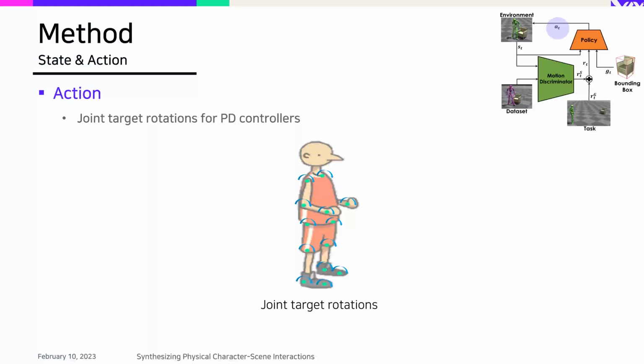Oh, can you tell me the last question again? I think I missed it. My simple question is, if the agent has learned to sit on a chair within, let's say, 50 centimeters to 1 meter, could it actually learn how to sit on a 1.5 meter chair without retraining?